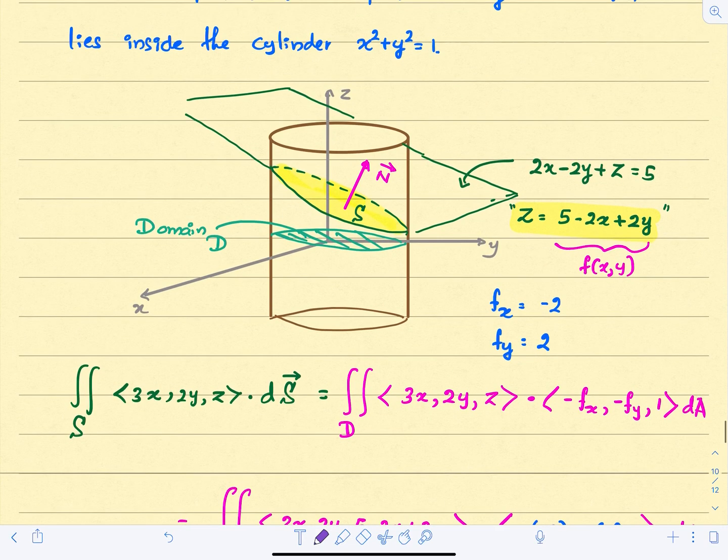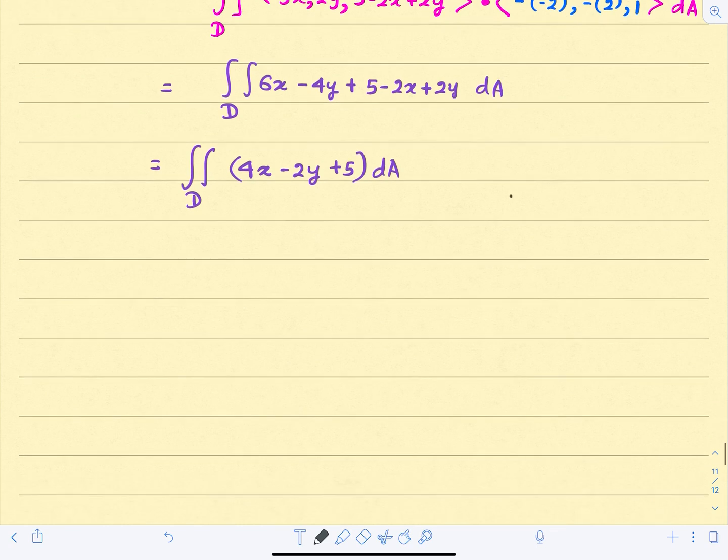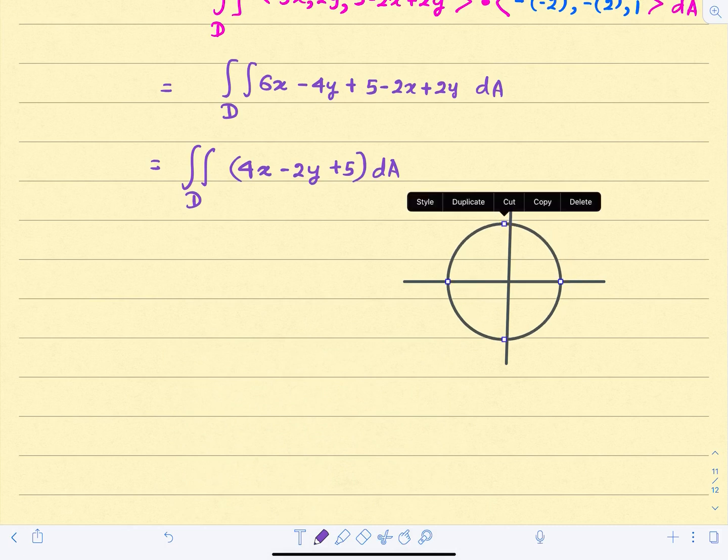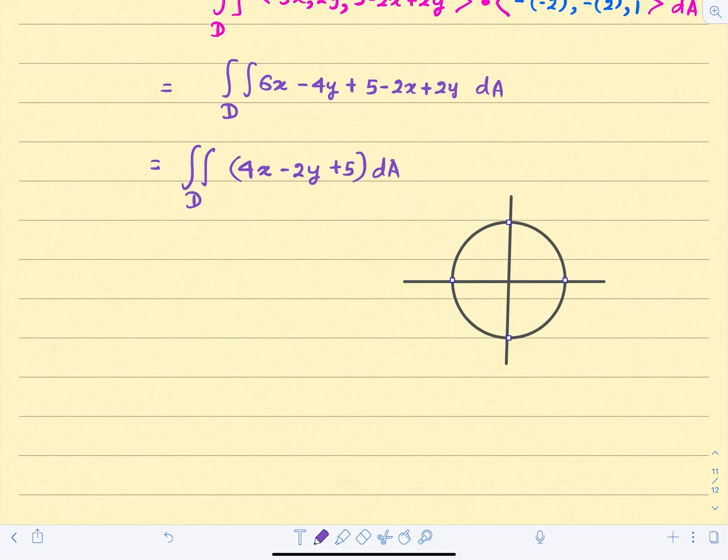Now if you look from the top, of course you will see the boundary of the cylinder. That's here, domain D. You will see a circle with radius 1. This is x squared plus y squared equals 1. Its radius should be 1.